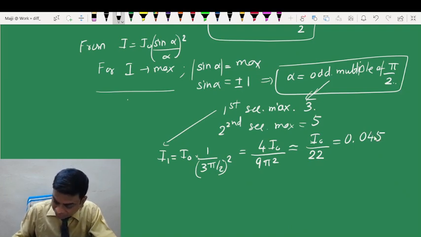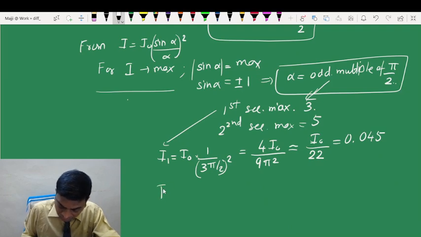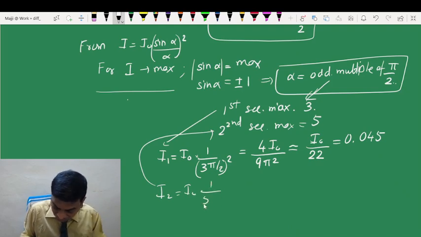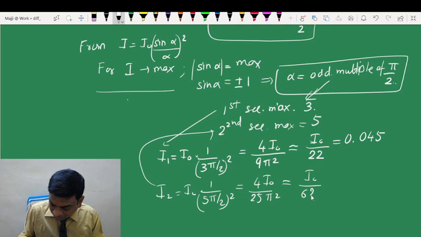Yes, 0.045. Then coming to I2, for this we have I naught into 1 upon 5 pi by 2 whole square, which will be 4 I naught upon 25 pi square, which is around I naught by 62.5 approximately.